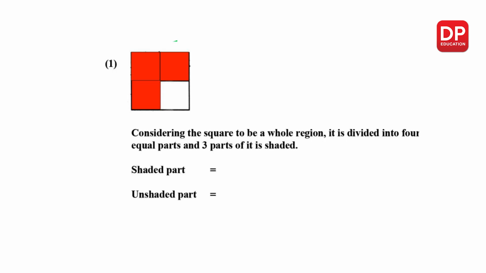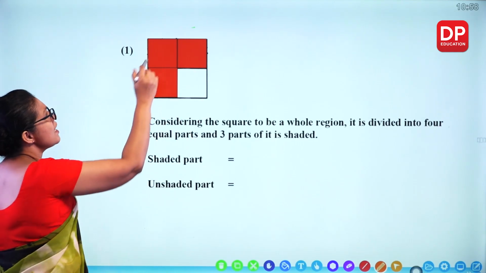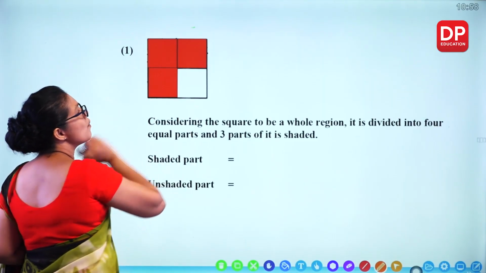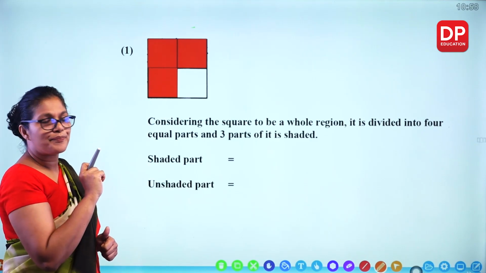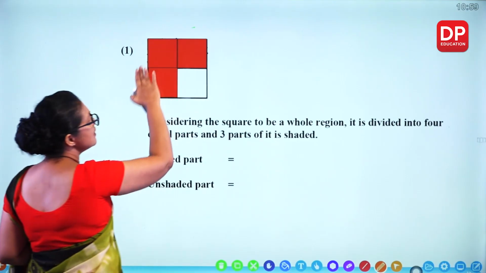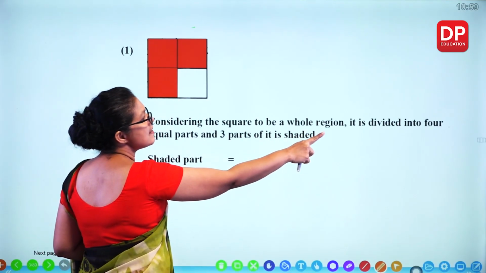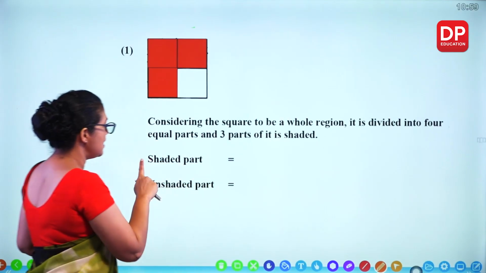Now we'll take this one. A big square is there, equally divided into 4 equal parts. And 3 parts are shaded. Considering the square to be a whole region, it is divided into 4 equal parts and 3 parts of it are shaded.